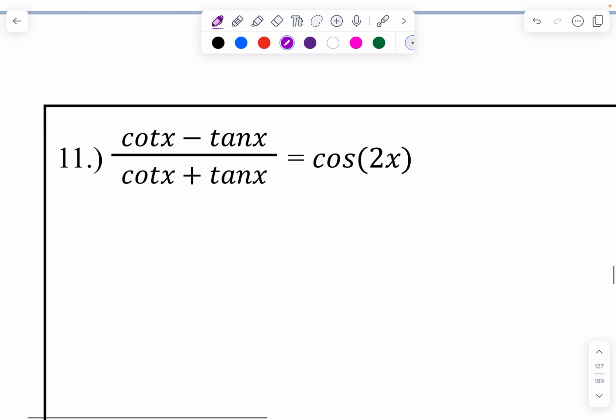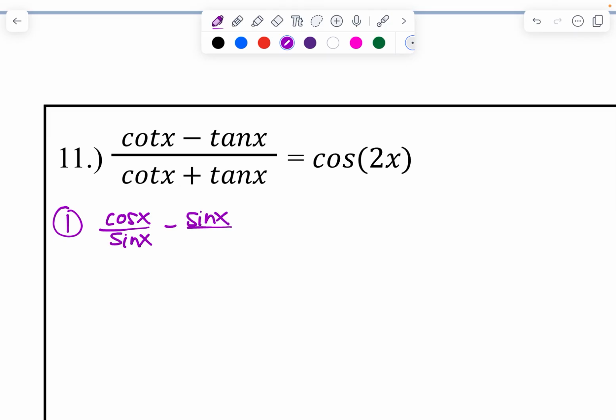All right, so let's go ahead and rewrite these as sines and cosines. So we'll write this as cosine of x over sine of x minus sine of x over cosine of x.